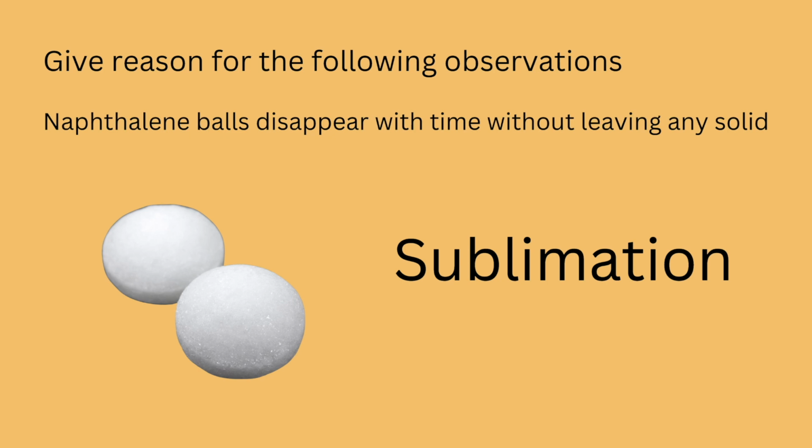And naphthalene balls are very volatile. They easily get converted into gas and they sublime into the air. That is the reason naphthalene balls disappear without leaving anything; the whole of it gets converted into vapors. Okay, so that is the reason.